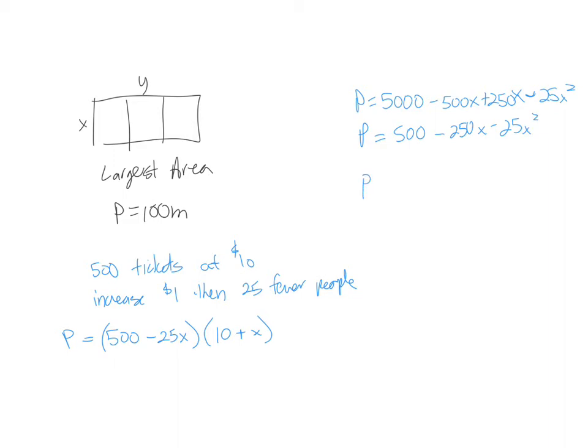Now if we're trying to calculate the maximum, remember maximums and minimums occur when our derivative, or slope, is equal to 0. So let's do our derivative. That would give us negative 250 minus 50x. We're going to make that equation equal to 0. Something's still not quite right.